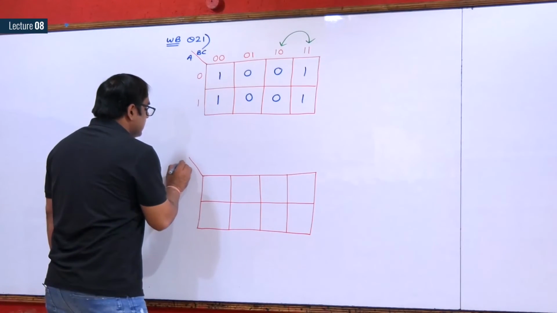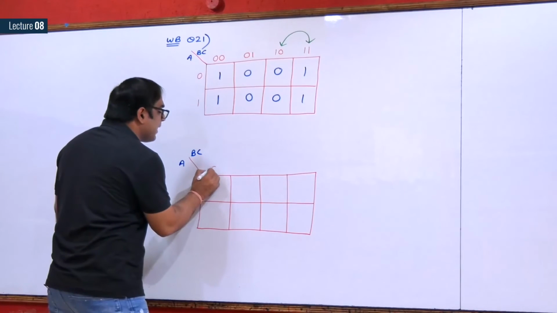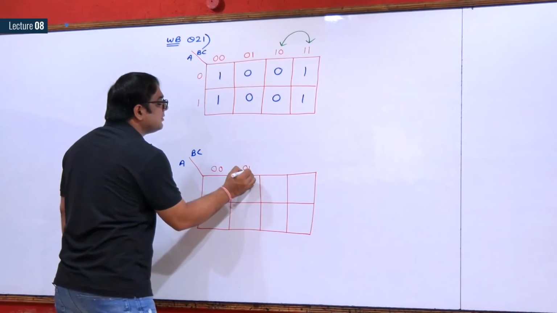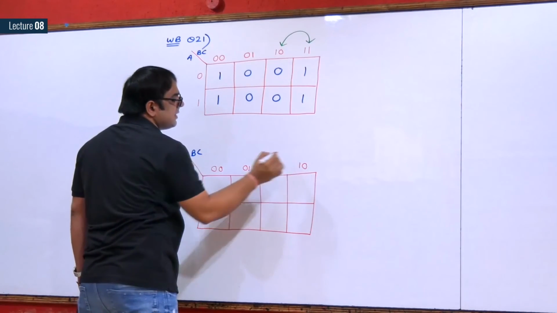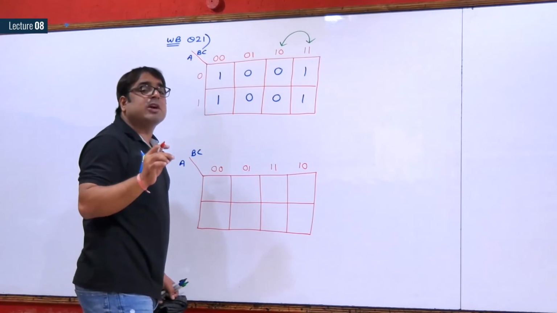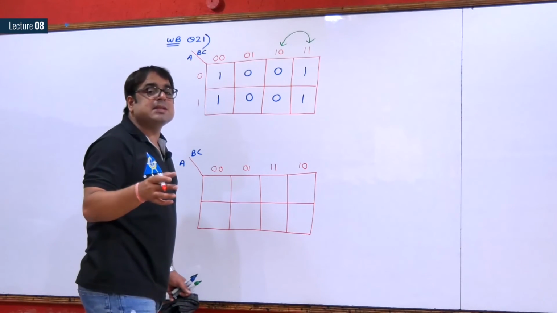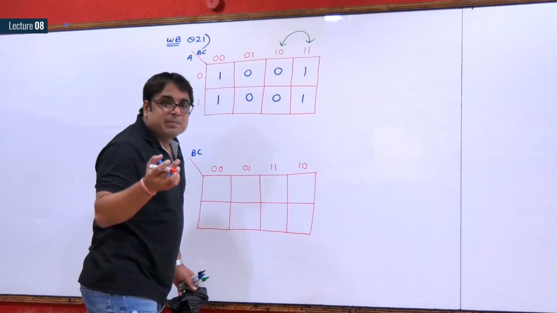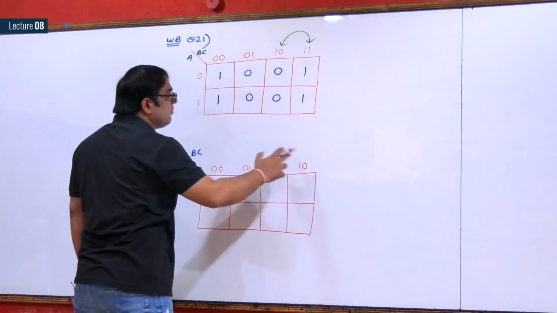See, this A, B, C. Now, what I actually expect after 0 0 and 0 1 is that this 1 1 should come here, and this is 1 0. Because if it is not gray code, not a unit distance code, neighboring cells cannot be grouped to reduce the expression. So this change we have to make.